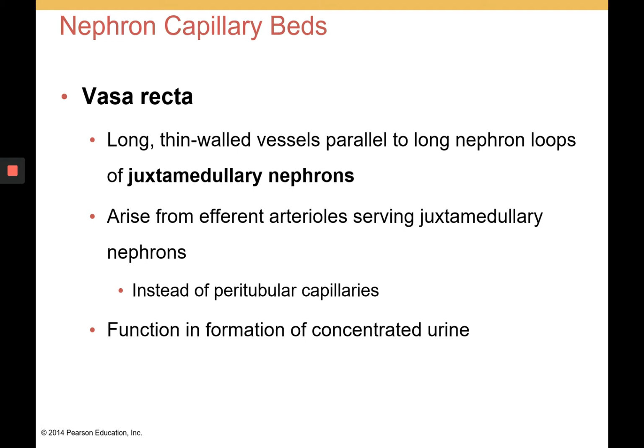So we're looking here at a different capillary bed for juxtamedullary nephrons than that of the paratubular capillaries around cortical nephrons. And the reason we have these two types of nephrons, these differences, is because the juxtamedullary nephron is going to function in the concentration of urine, whereas the cortical nephron is mainly going to function as a reabsorption filter for solutes and water.